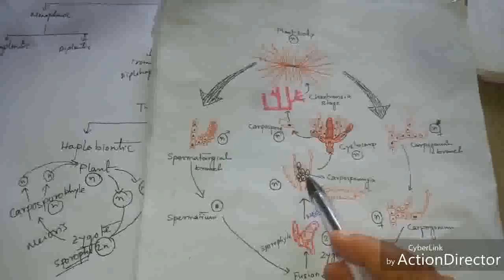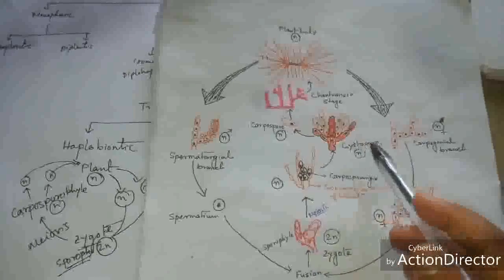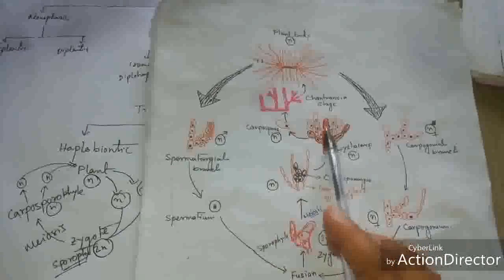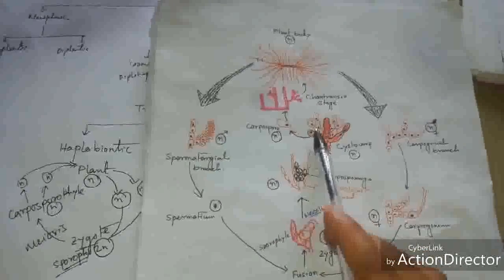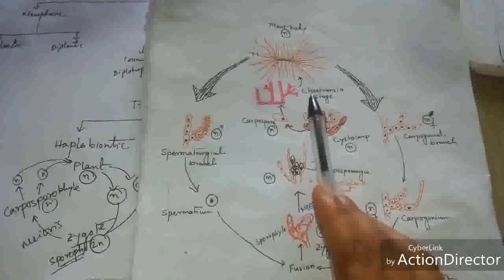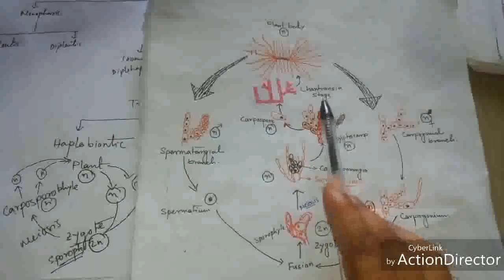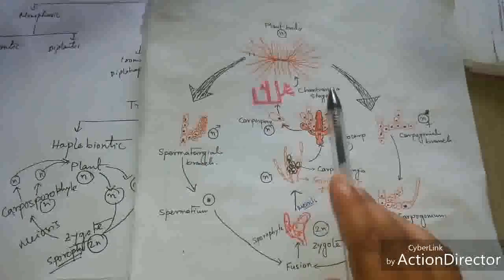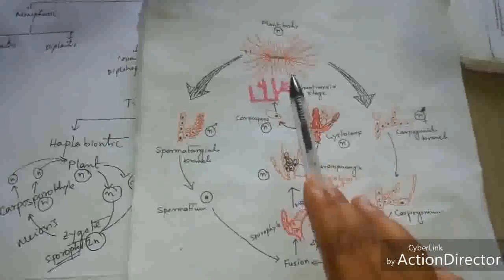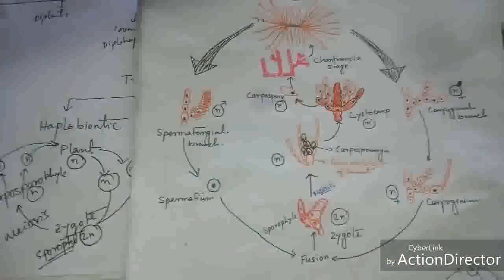This carposporangia produce cystocarp, and on this cystocarp carpospores are produced, and this carpospore produces another heterothallous Chantransia stage, and this Chantransia stage produces the main plant body, the haploid plant body.